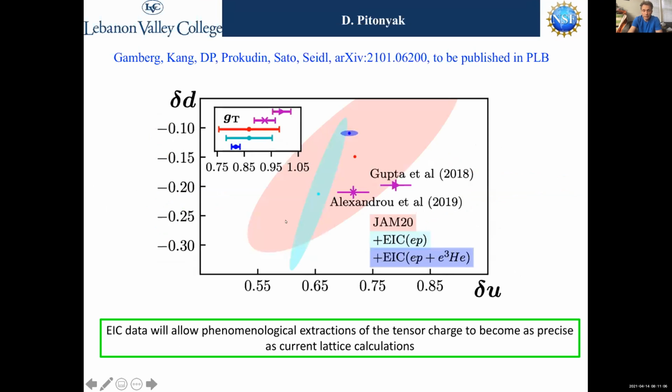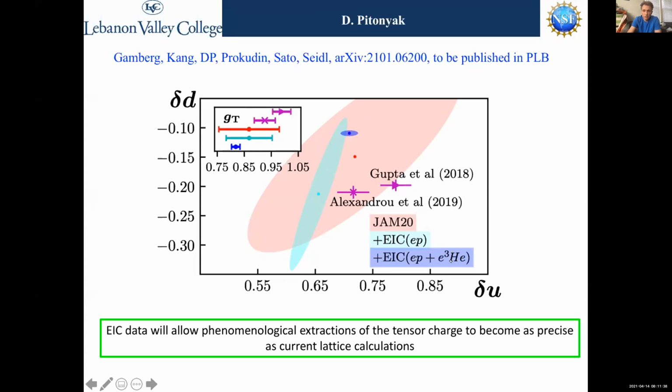Now I'm zooming into this pink blob corresponding to the extraction JAM20, and you see here results from lattice computation. Now, if we add electron-proton data, then here's our result. It resolves well delta u, delta d constraints are not that great due to the predominance of u quark in e-p results.